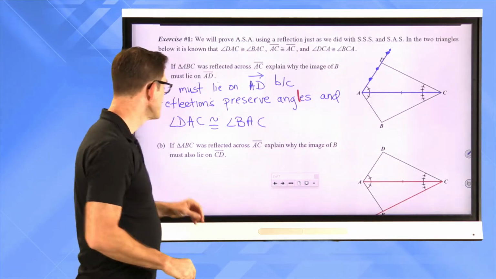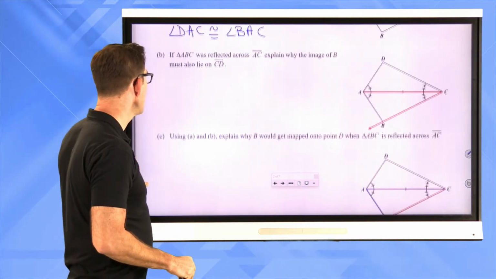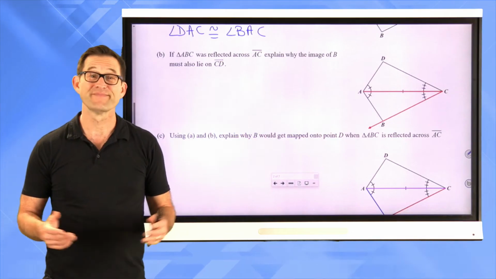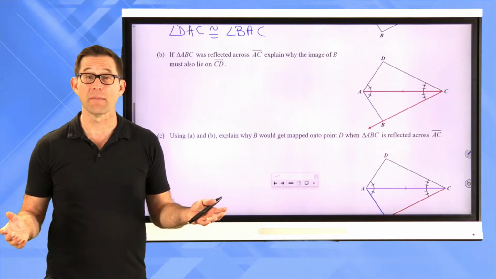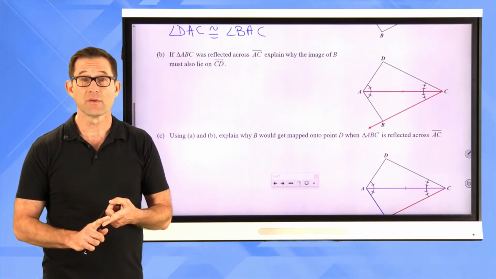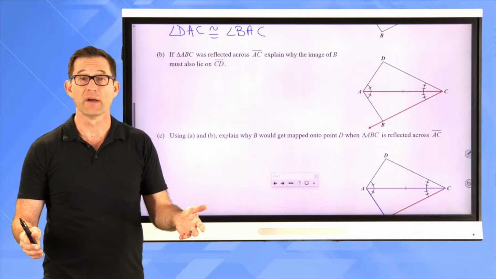Okay, so let's take a look at letter B. If triangle ABC was reflected across side AC, explain why the image of B must also lie on ray CD. Well, this is pretty much the same explanation, which is that reflections preserve angle measurements.